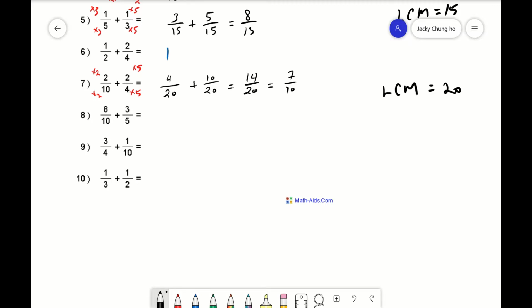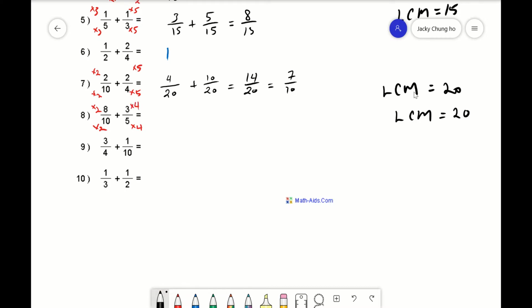Number 8, you have 8 over 10 plus 3 over 5. The LCM in this case will be 20 again, so 10 times 2 will get you to 20. 5 times 4 will get you to 20 as well.